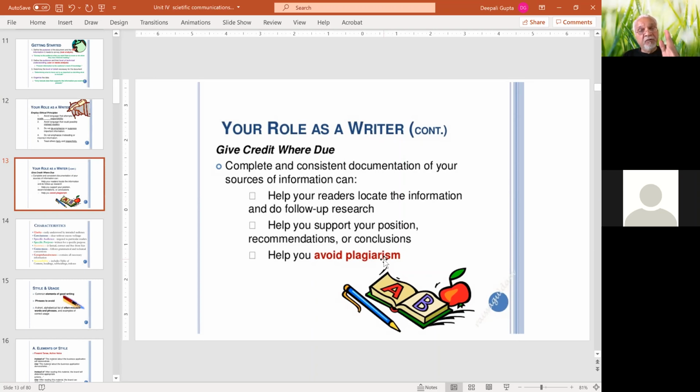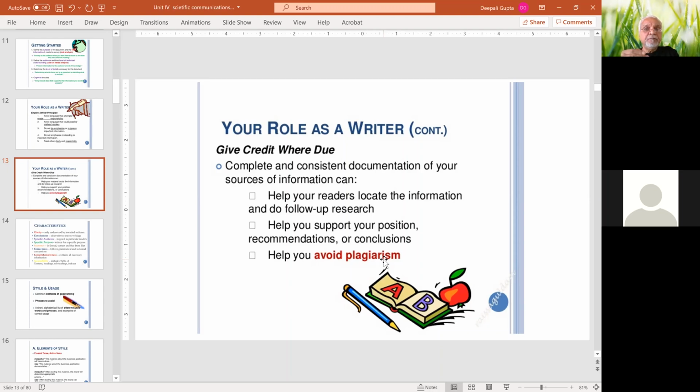But right now, what I'm trying to say is that as a writer, you should keep in mind ethical issues, and this is also in the scope of ethics, academic ethics: if you are using information or knowledge generated by others, you have to give credit to that person, okay?